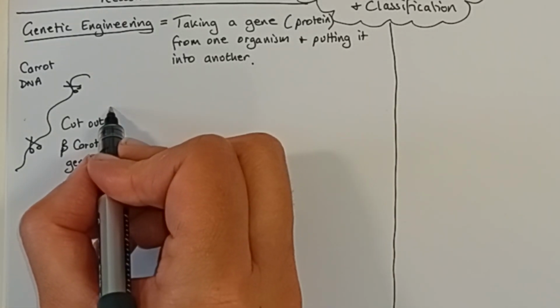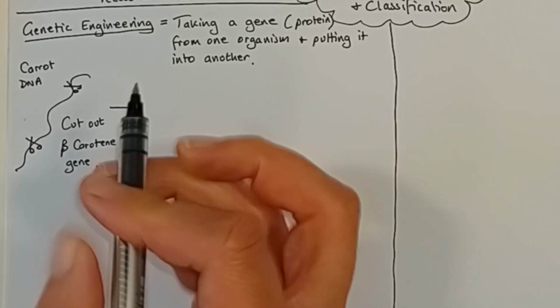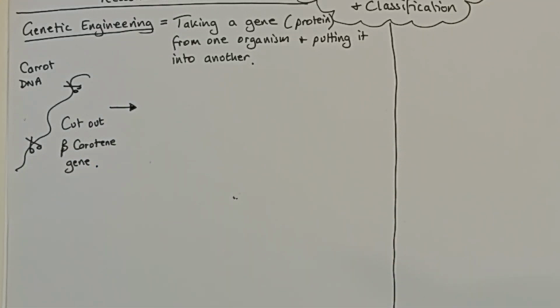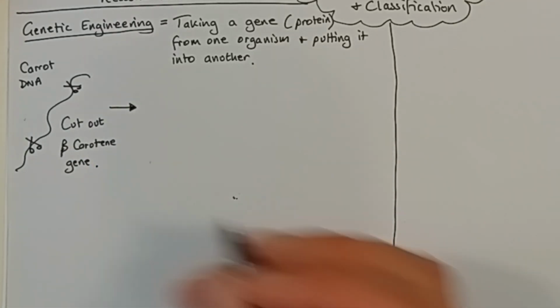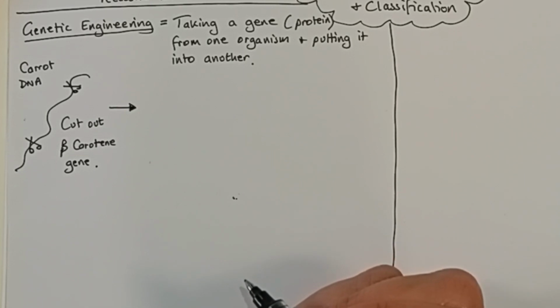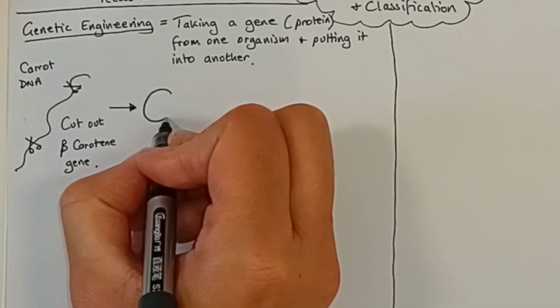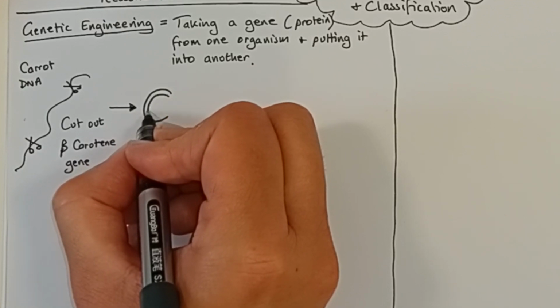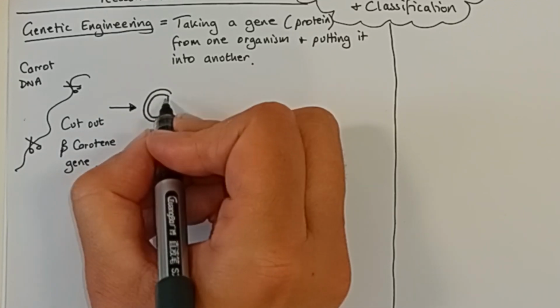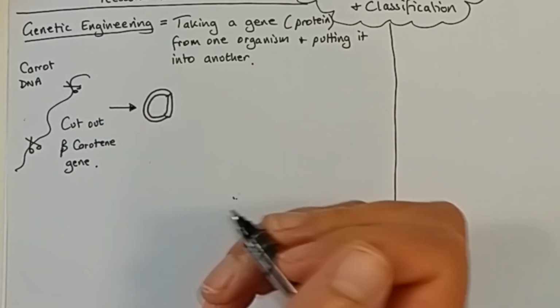Now, the problem that we've got is that we can't easily get genes from one organism into the other one. So we need to use something called a vector. A vector is just something that carries something else. So one type of vector that's often used is plasmid DNA, which is that circular DNA that can transfer between bacteria.